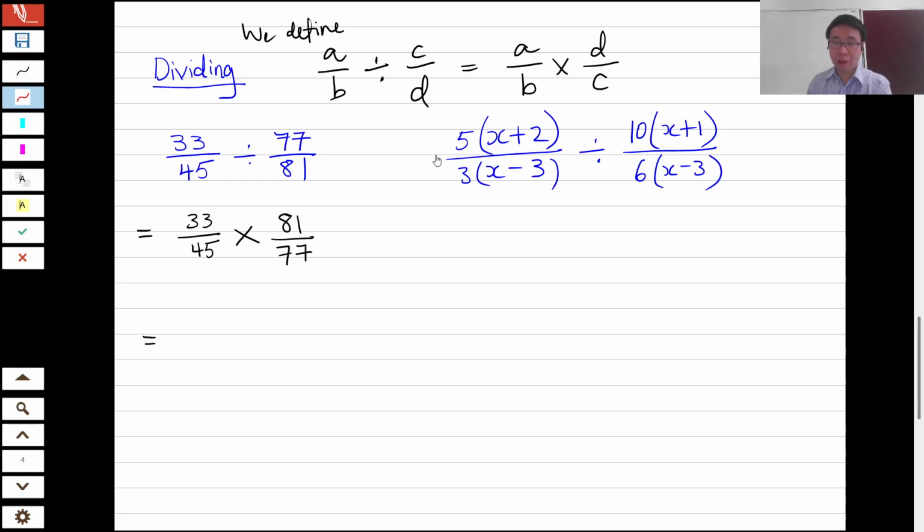And I'm just going to do the quicker way. So 11 goes into 33 three times, and 11 goes into 77 seven times. So I've cancelled the common factor of 7. On the bottom, I'm seeing a common factor of 9. 9 goes into 45 5 times, and 9 goes into 81 9 times.